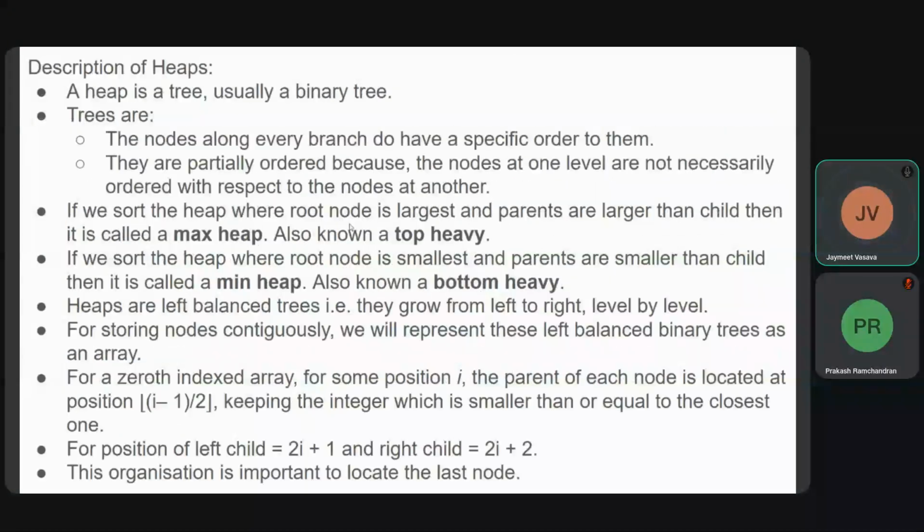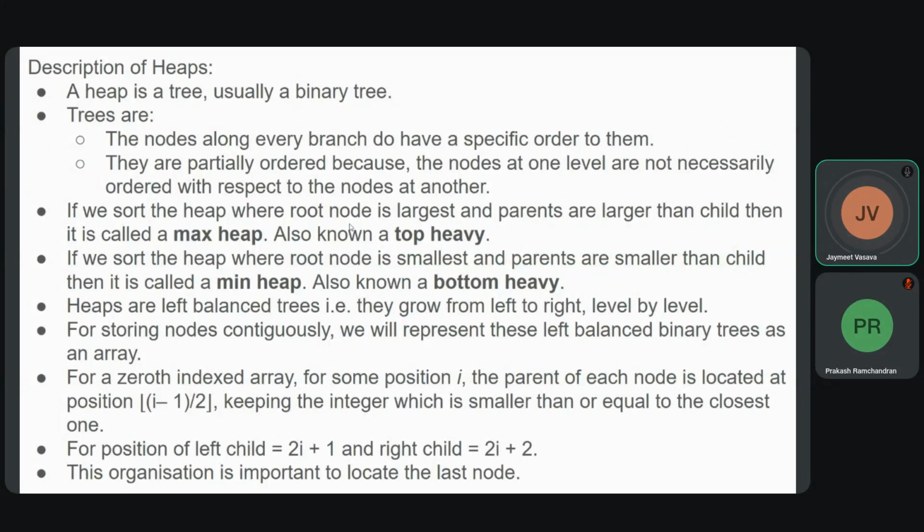So starting with the heaps, a heap is a tree which is usually a binary tree. Trees, as discussed, have nodes along every branch, and they do have a specific order to them.